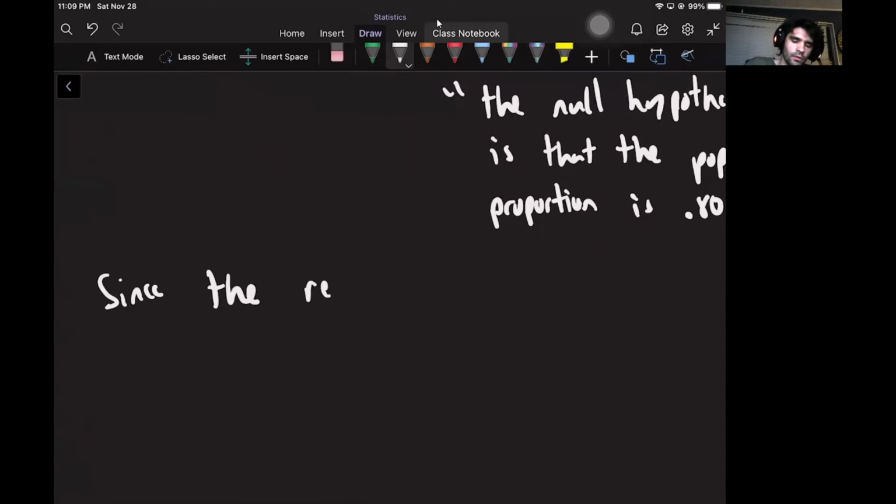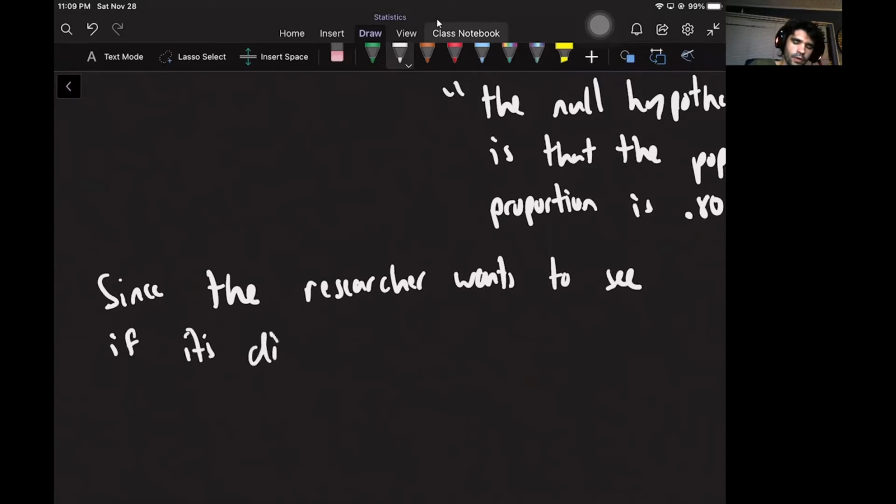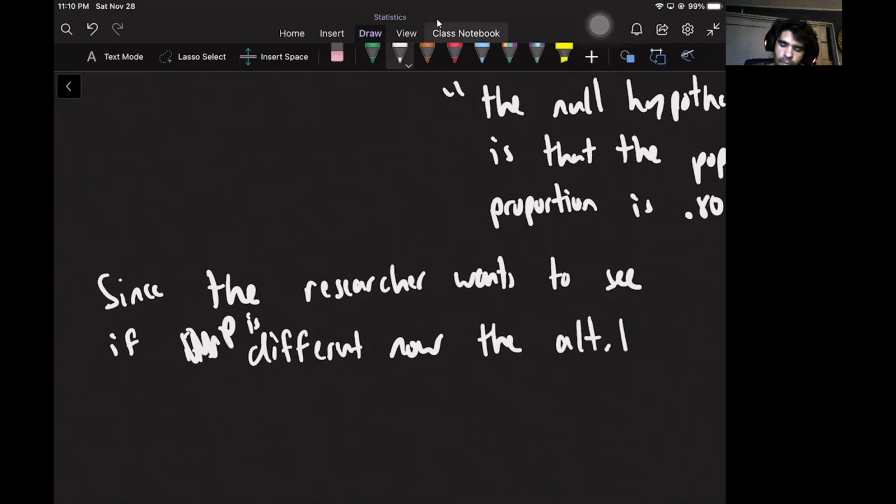So since the researcher wants to see if it's different now, if the proportion, I guess I should say that, then the alternative hypothesis, I'm going to shortcut right now because it's taking too long.